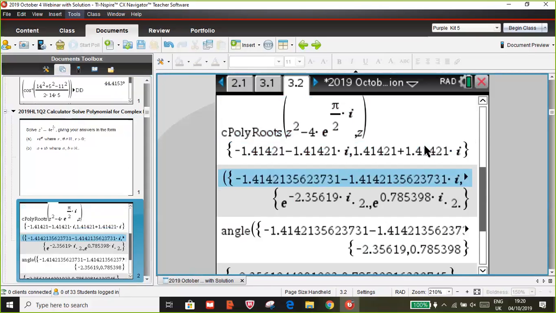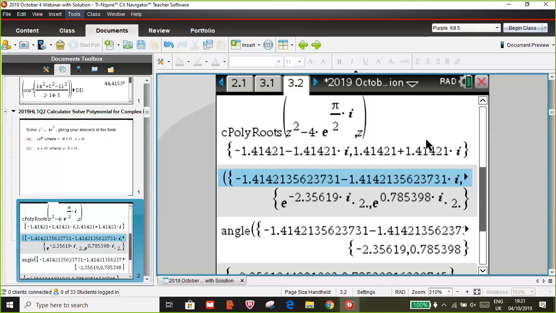Okay, so let's move on. The whole idea of this question is to show you the powerful tool of solving polynomials in complex roots, and how you can use the modulus, arguments and stuff like that.